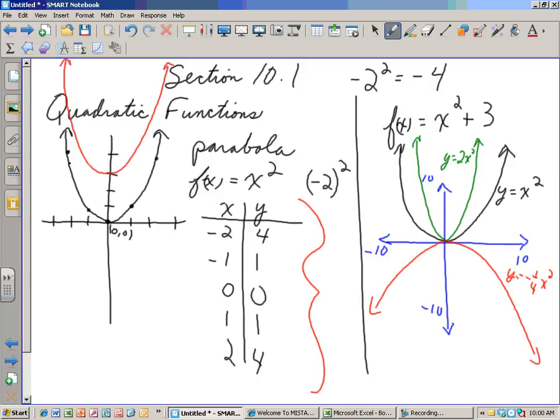So when x is -2, y is -1. When x is -1, y is -0.25. When x is 0, y is 0, and so on. So you can read your table. That's a good way, and I think you guys know how to use your table.